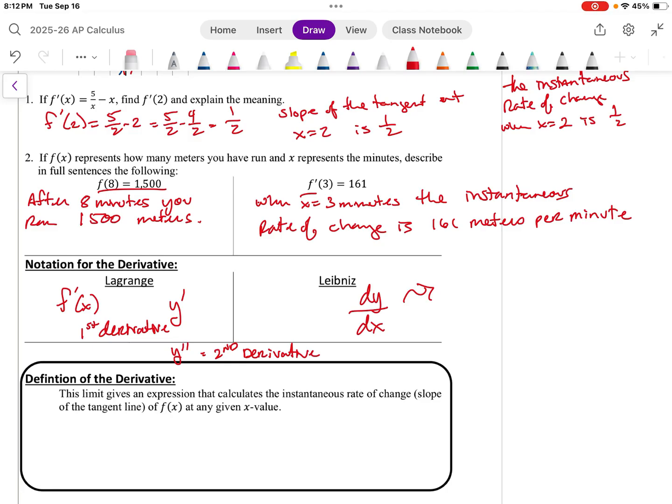The way this notation stands, in a sentence, it says the derivative of y with respect to x. So as we take the derivative of the y equation, we're going to do it with respect to x, the variable that's in there.